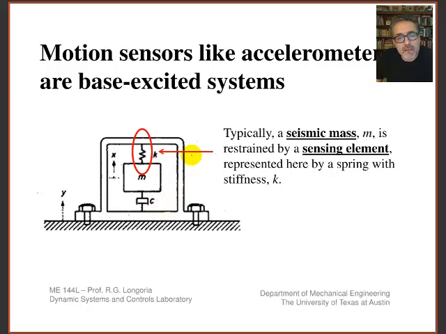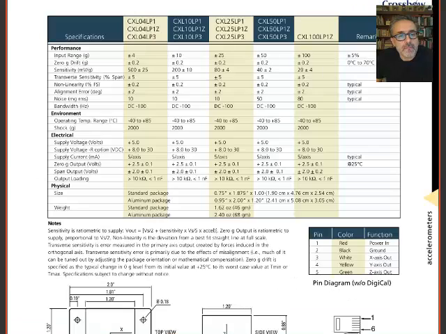Okay, so before I begin discussing that, I want to show you a page from the manufacturer specifications for the types of accelerometers that we're using in our lab. And these designations here are the different types of accelerometers. They're all different types.